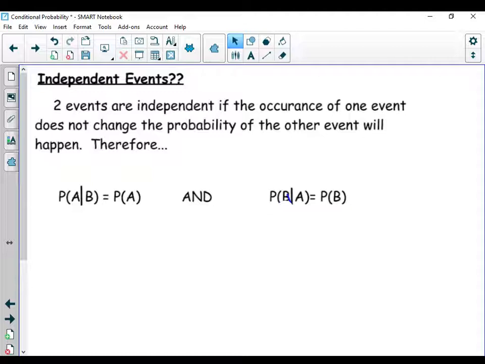And so we're going to look at if you do the probability of A given B, but then you end up with the probability of A. Okay, that makes it independent. And if you do probability of B given A and you end up with just the probability of B, then you run into that issue as well. Okay, so we're going to do an example like that.